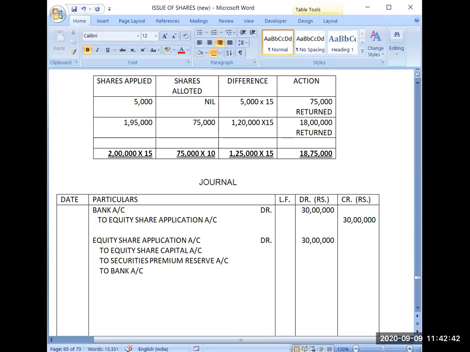So how much will be the capital? Yes, very good. So capital will be 7,50,000.